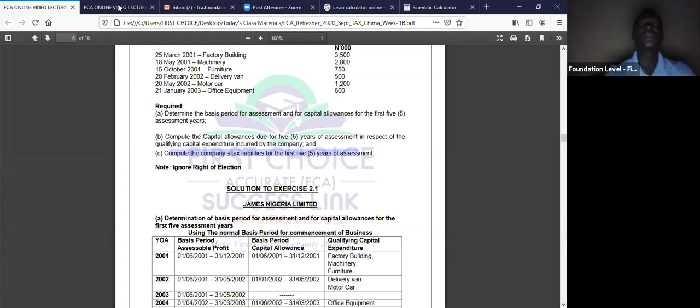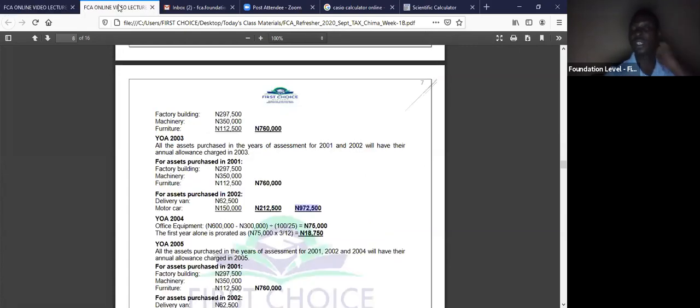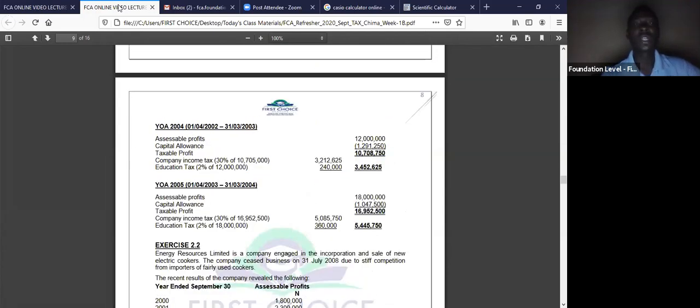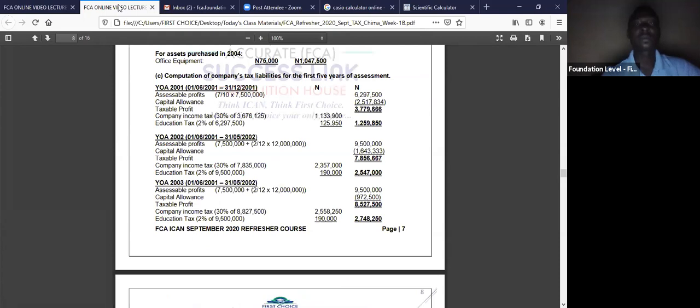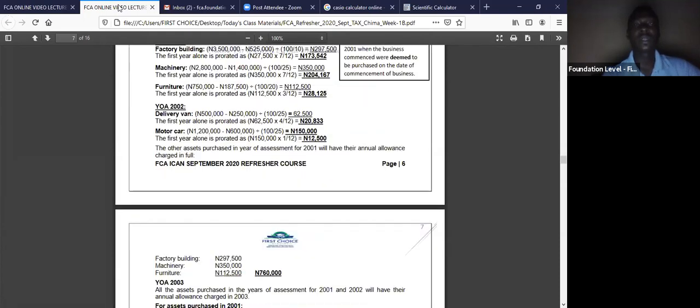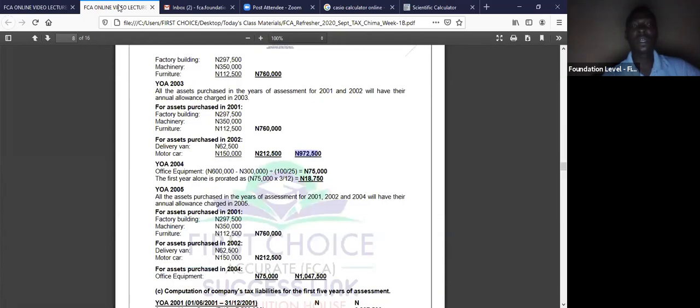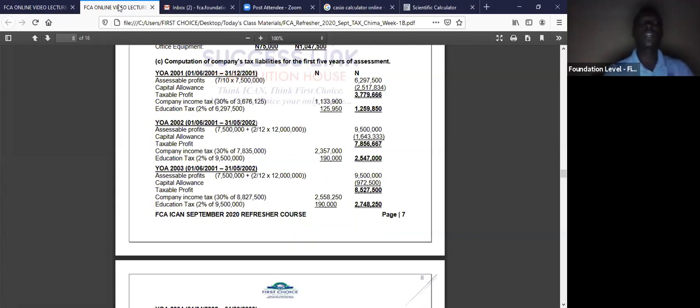So all we need to do in this C is bring our initial, where is it? Okay, this is it here. All we need to do is to recognize the basis period for profit for the first year, 2001, from when the business started to December of that year.